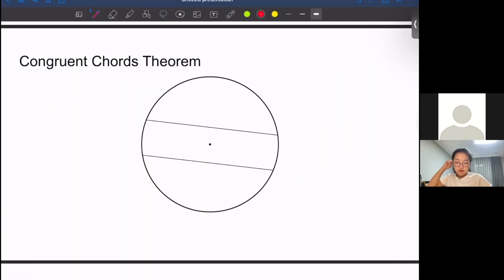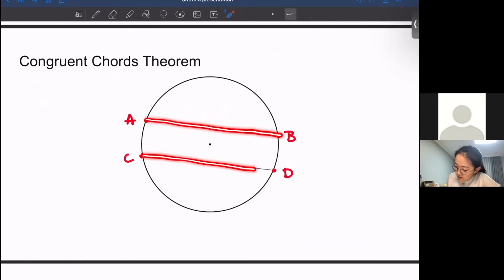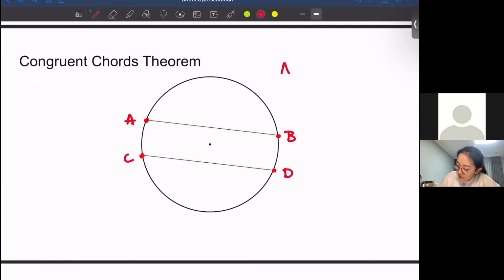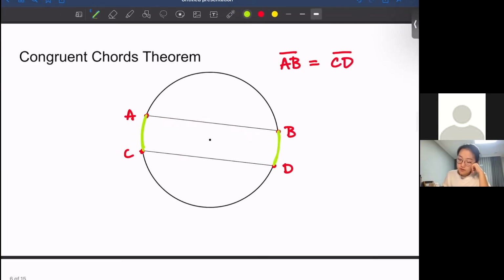And the congruent chords theorem. This also needs a very special condition. This is chord AB, and this is chord CD, and we will be given that chord AB is congruent to chord CD, which means that they have the same length. And this is going to lead us to the conclusion that arc CA is congruent to arc BD.